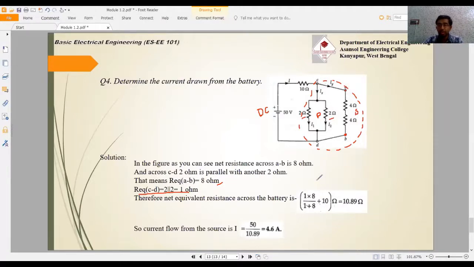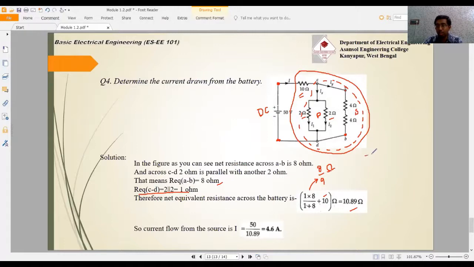So this will be your 8 by 9, and this 8 by 9 ohm is in series with this 10. That's why 10 is added. So ultimately the value is 10.89 ohm. So for this combination, your total resistance is found out as 10.89.